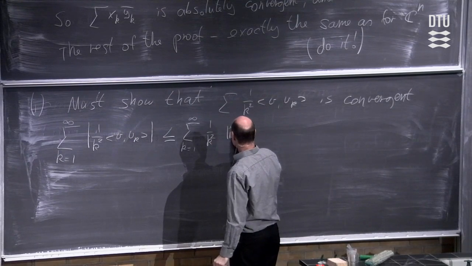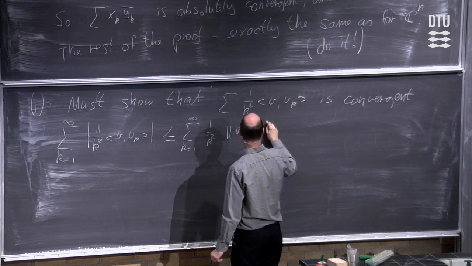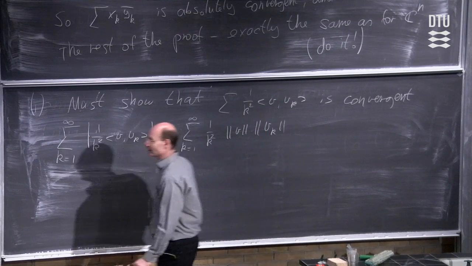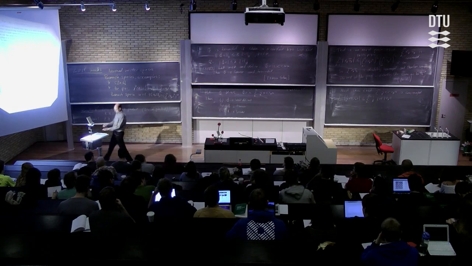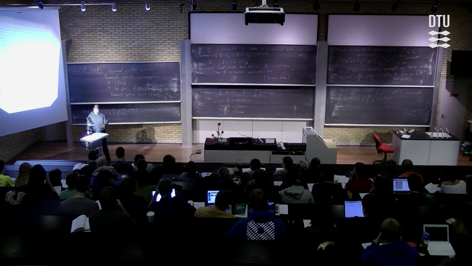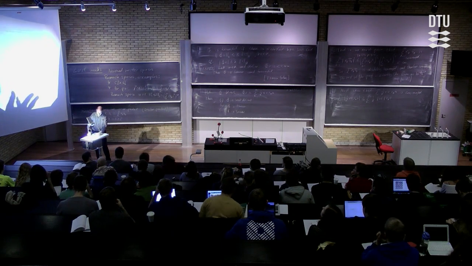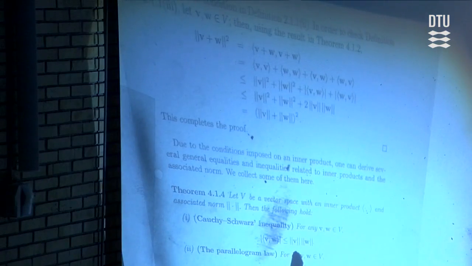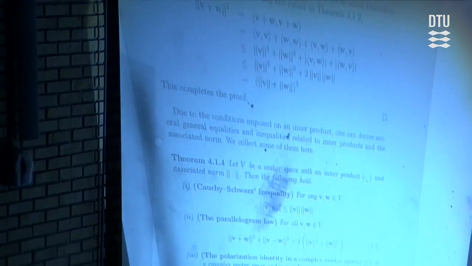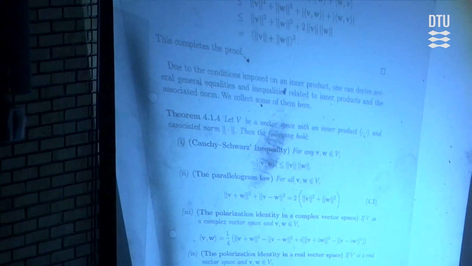So this is the norm of v times the norm of vk. So let's just put the Schwarz back again. So you see, Schwarz, this is the one we had here in our theorem from last hour. So this is what we get at the first step.